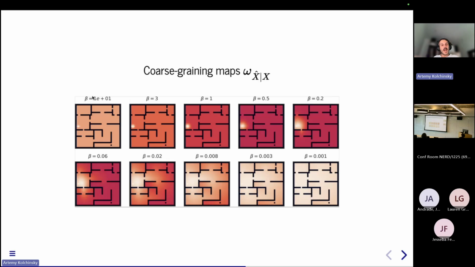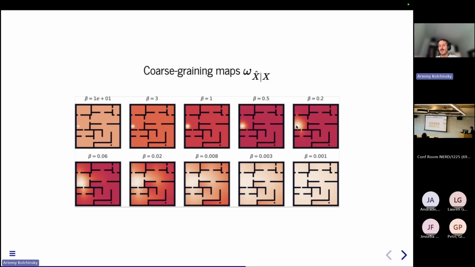And so we see that when beta is large, we really don't compress very much. So if the actual input is the walker located here, it's going to barely blur it. But as beta decreases, we want a more coarse grained representation. So the location basically slowly spreads out.